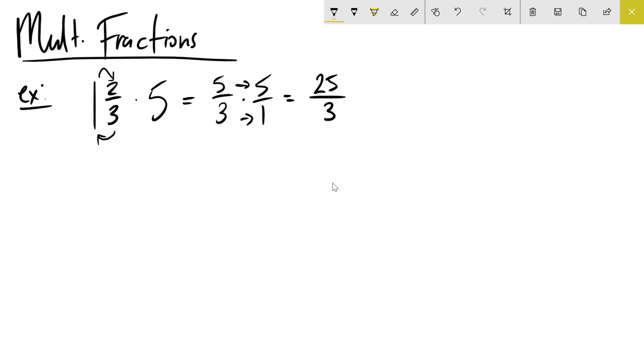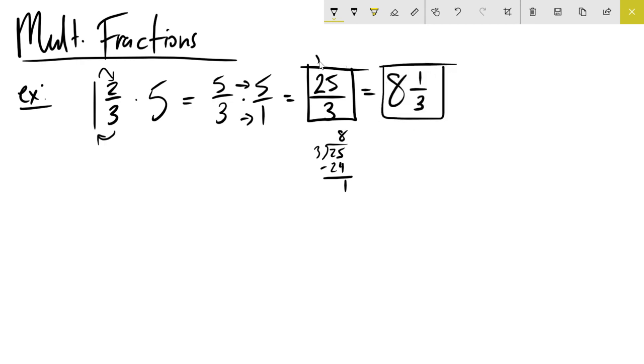So this is a perfectly reasonable answer, but since that's improper, how could you convert that into a mixed number? You just do 3 into 25. How many times does 3 go into 25? 8 times, right? Because 8 times 3 is 24, so the remainder is 1. So this would be 8 and 1/3.